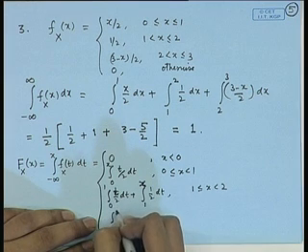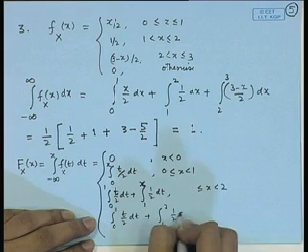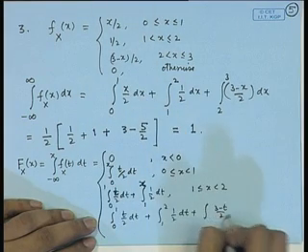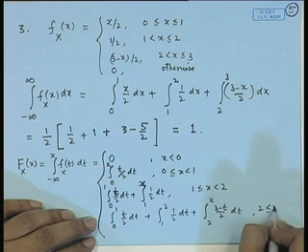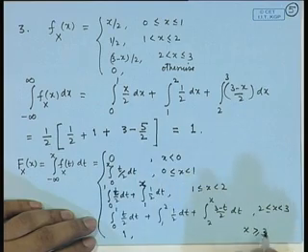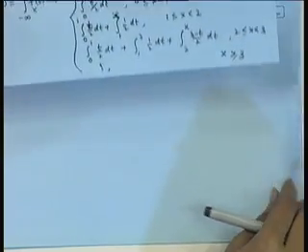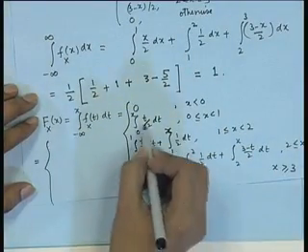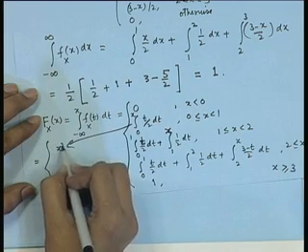For x between 2 and 3, it will be integral 0 to 1 t by 2 dt plus 1 to 2 half dt plus integral of (3 minus t) by 2 dt from 2 to x, and it is equal to 1 for x greater than or equal to 3. So, if we simplify these terms, let us look at this one, it is equal to x square by 4.